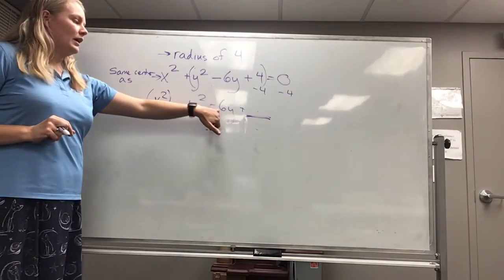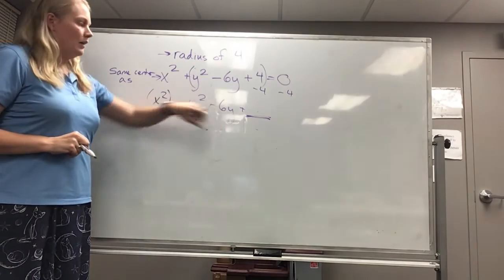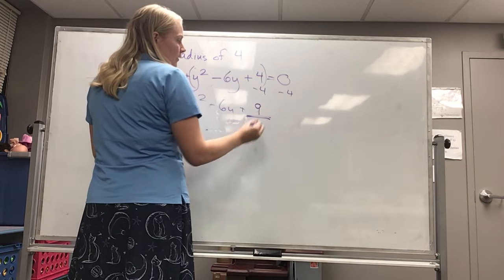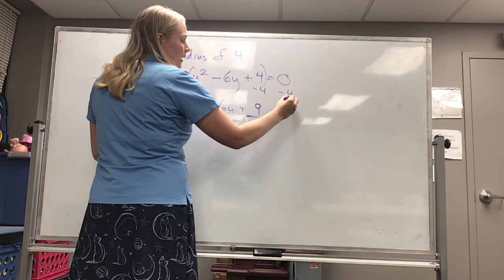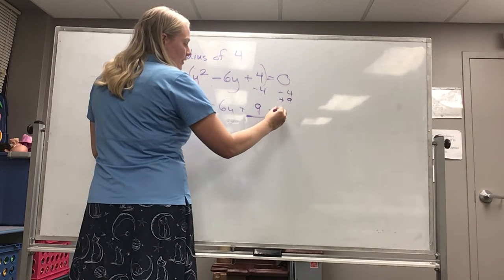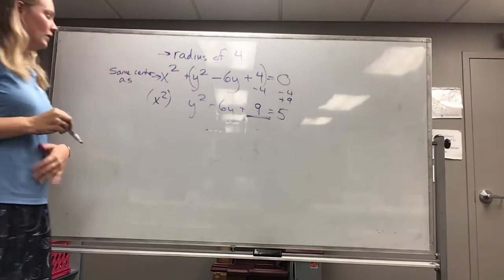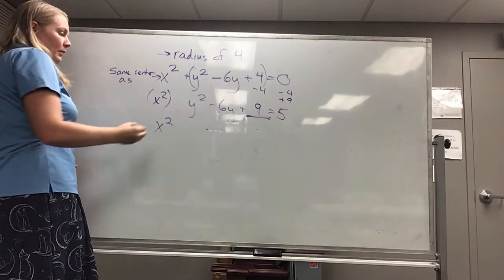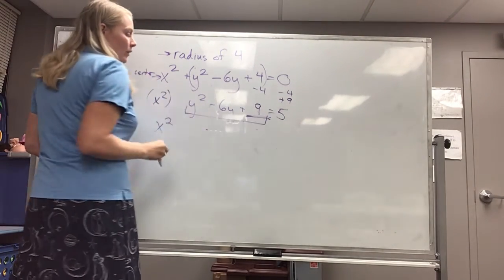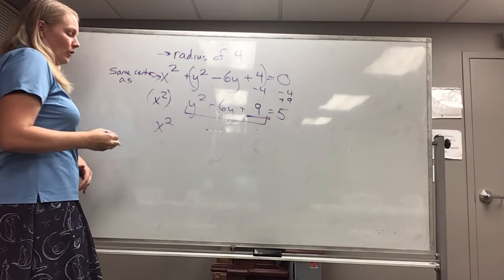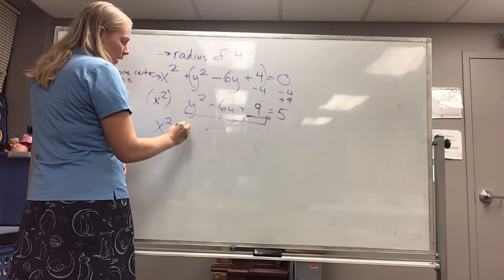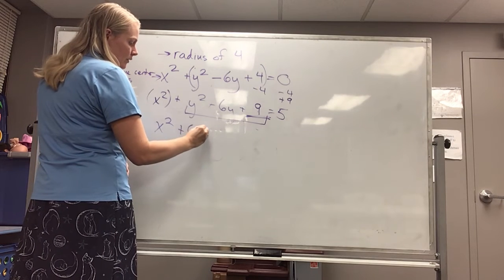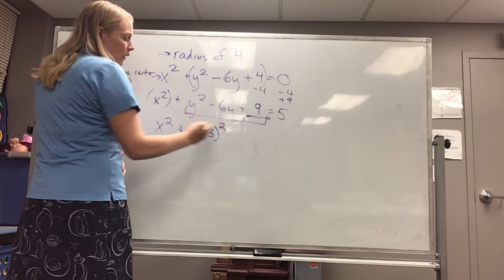Half of -6 is -3. -3 times -3 is going to be +9. And if we add 4 to 9, we will get 5. And so the x squared is again just x squared, but now we can factor this into y minus 3 squared.